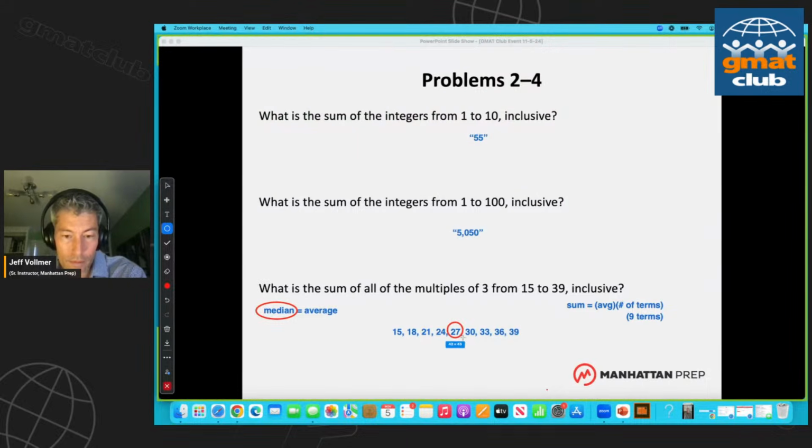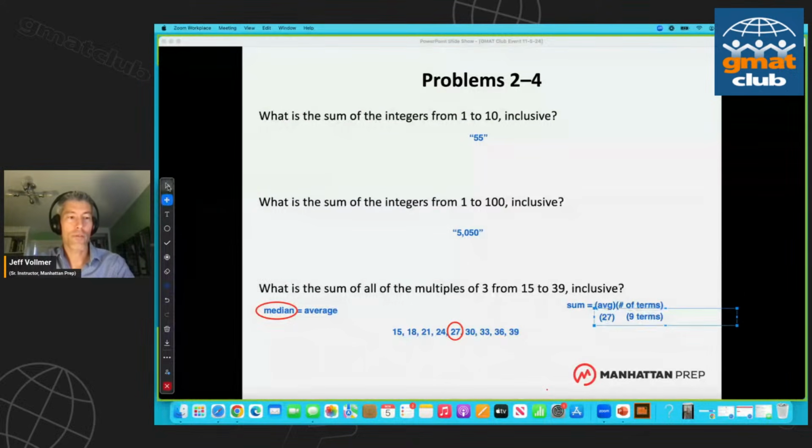Here's the median. 27 has just as many terms below it as it does above it. So I guess the average is 27 here. And if we do 27 times 9, look at all these powers of 3. 3 to the 3rd times 3 squared, 27 times 9 should give me 3 to the 5th, or 243.